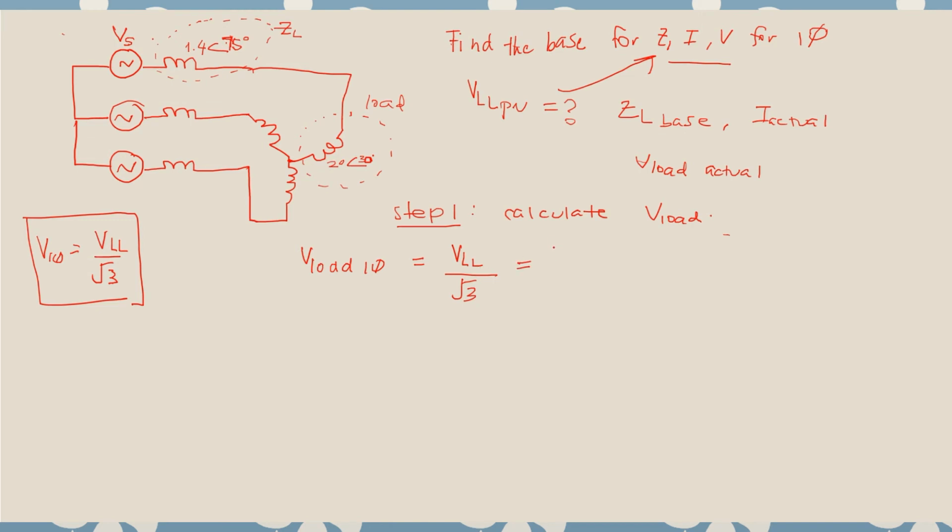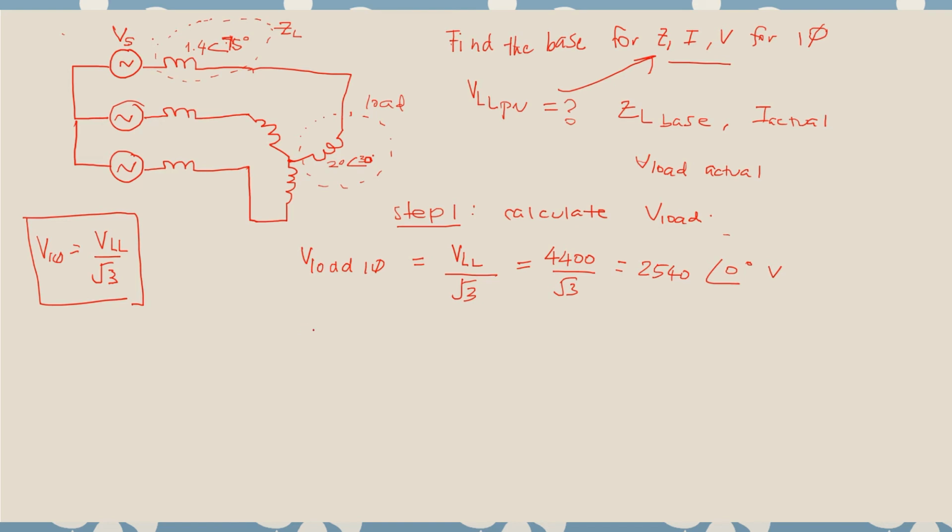So you know your V load. V load LL is given as 4400 divided by square root of 3, which is 254.